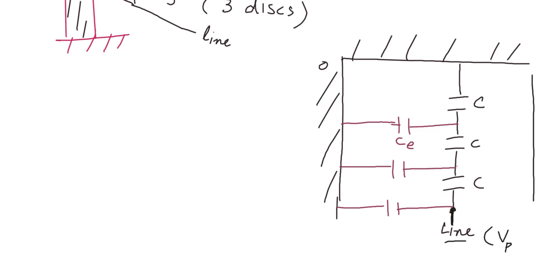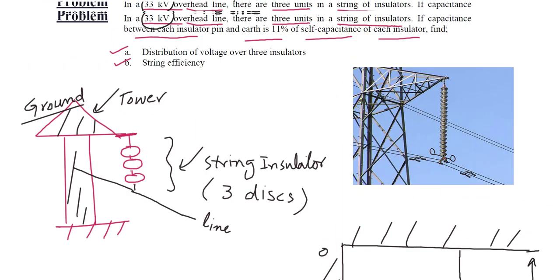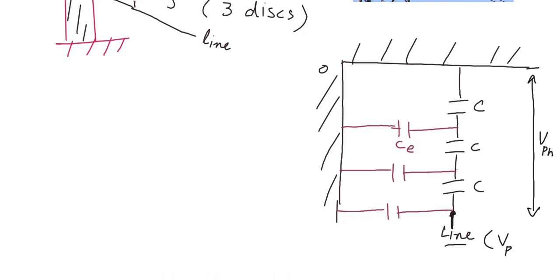The voltage between the line and the tower will be the phase voltage, VPH. Then we can label the voltage across each insulator: this is V1, this is V2 across the second unit, and this is V3 across the third unit.